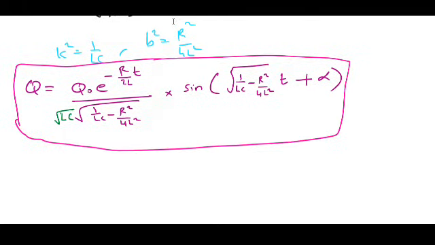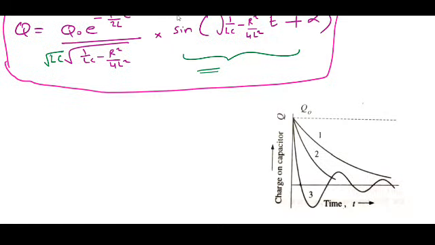Here it is very clear that this is a sinusoidal function, that is, this is a damped oscillatory charge. Okay. That is, this expression represents the decay of charge, that is nothing but an oscillation because of the sinusoidal term. Therefore I will show you the picture of this damped oscillation.